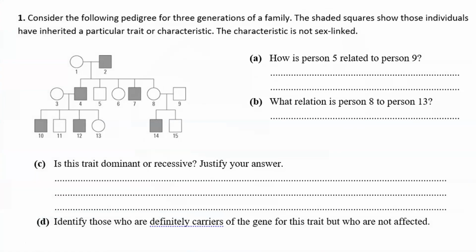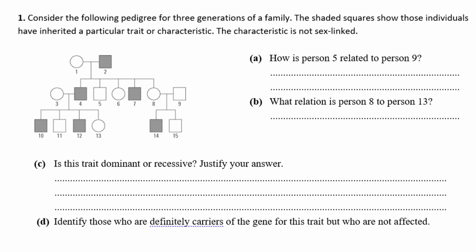Okay, now looking at those questions that you had in your booklet. So the first question: consider the following pedigree for 3 generations of a family. The shaded squares show those individuals who have inherited a particular trait or characteristic.